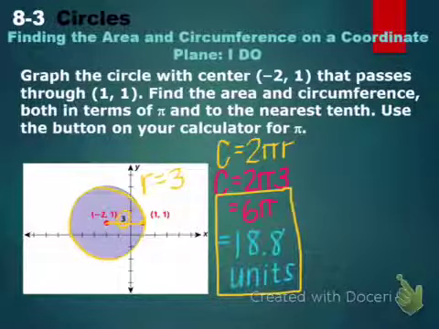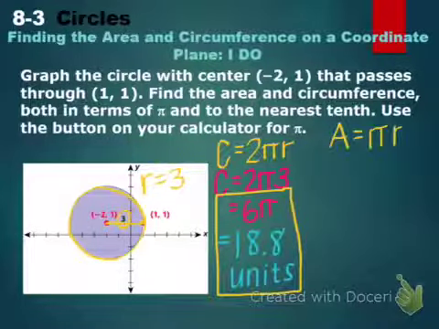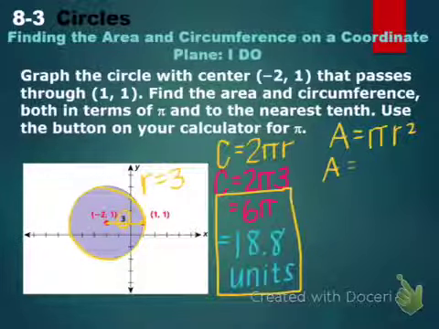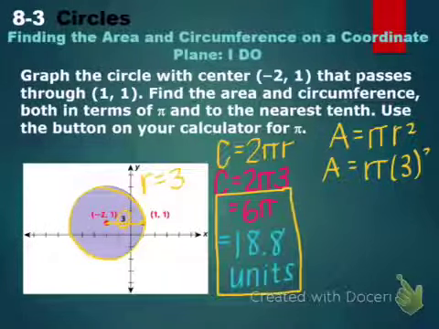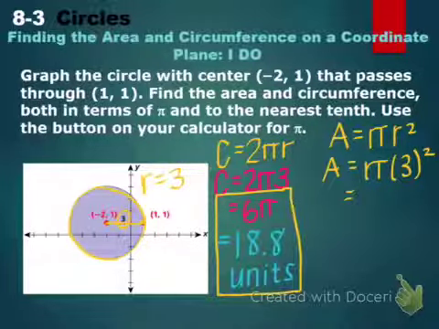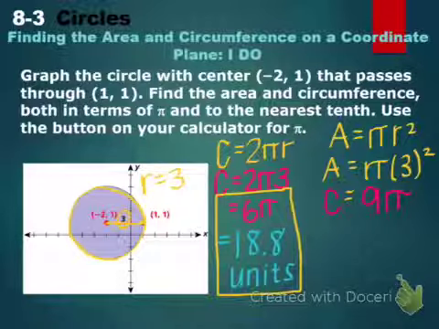And then to find our area is pi radius squared. And we've got a radius of 3. So we've got 3 times 3. And 3 times 3, of course, is 9. So for our area, we get 9 pi.